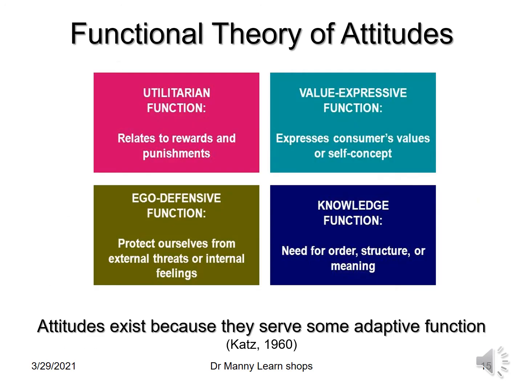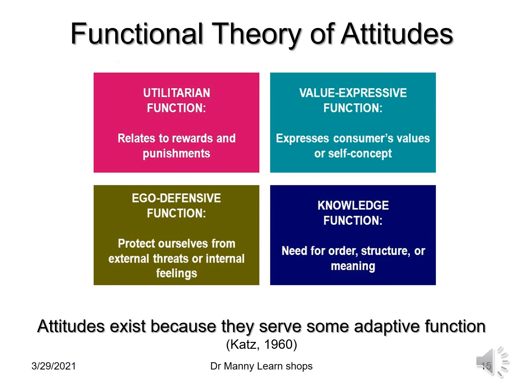Now, the functional theory of attitude was basically 4 components. And the 4 components were the utilitarian function, which is related to rewards and punishments. The value-expressive function, which expresses the person who's using it or the consumer's values or self-concept. Ego-defensive.